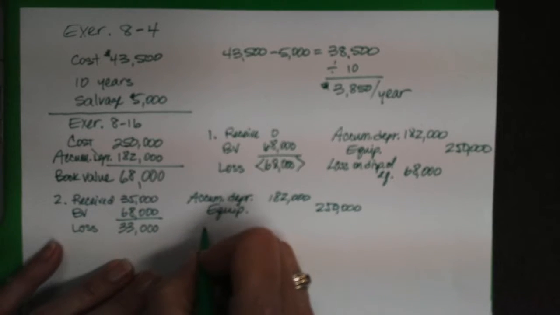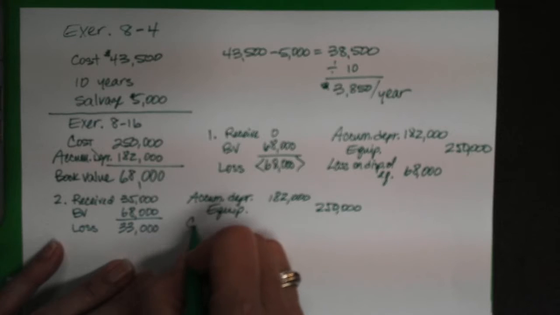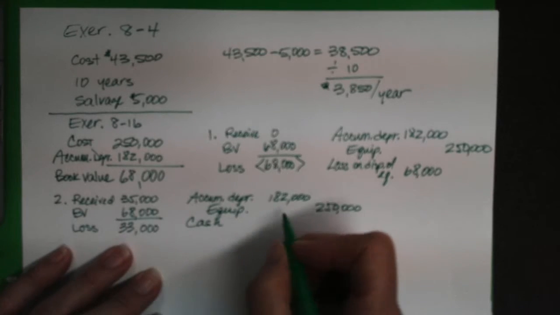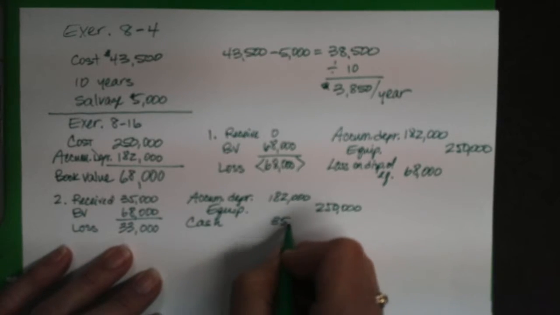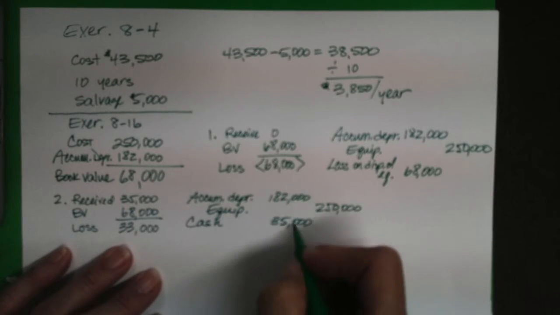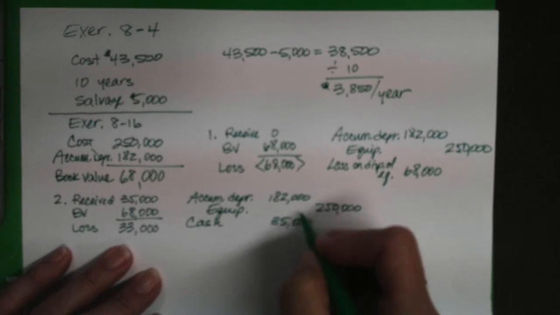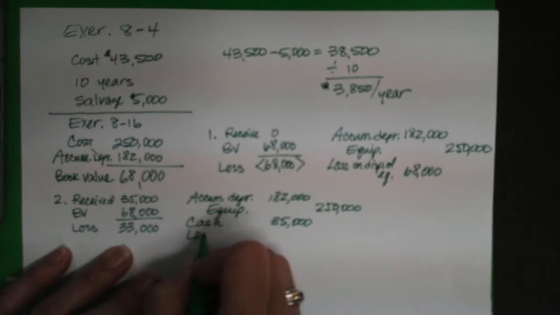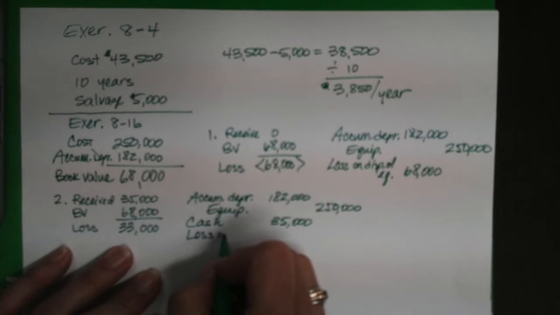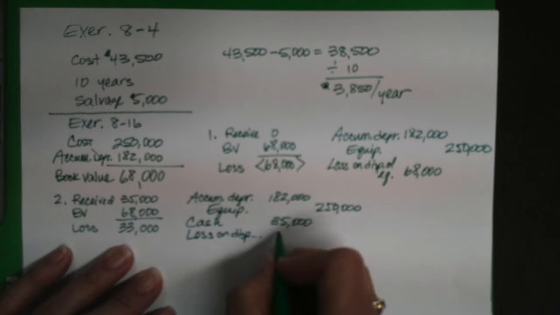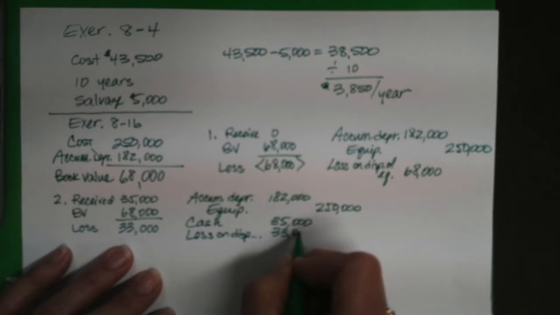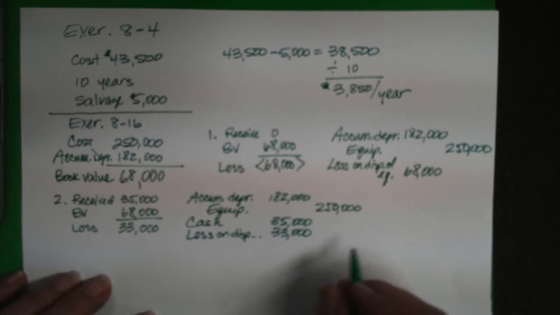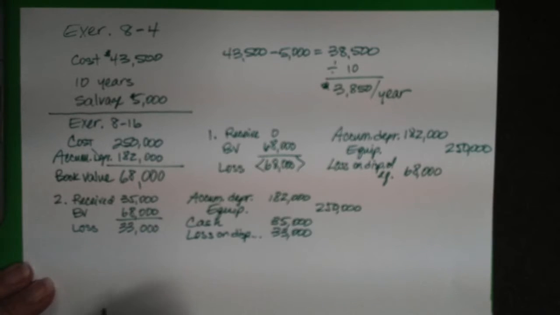Debit the cash we received of $35,000. So now what it takes to balance this entry is a smaller loss than in number 1. Loss on disposal of assets. You know the drill. Okay, are you kind of seeing a pattern here? Okay, let's look at 3.